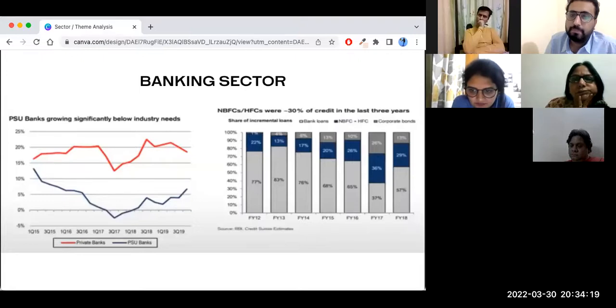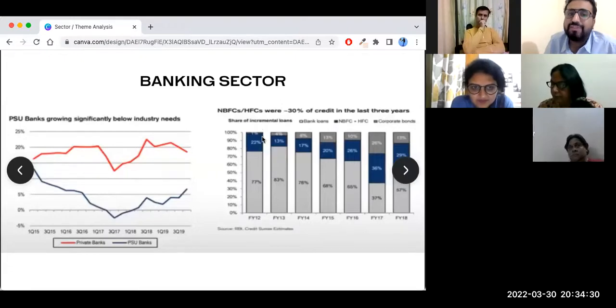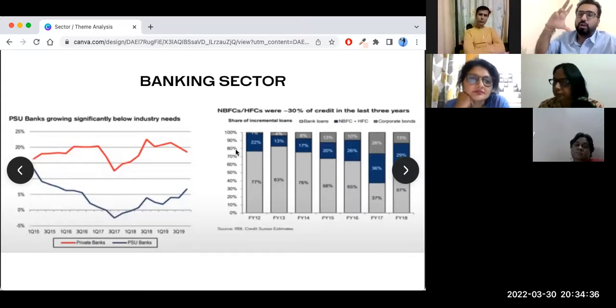What is that? NBFCs and HFCs, which were a very small part almost a decade ago, have now expanded their market share a lot.